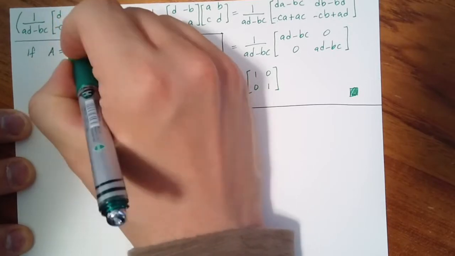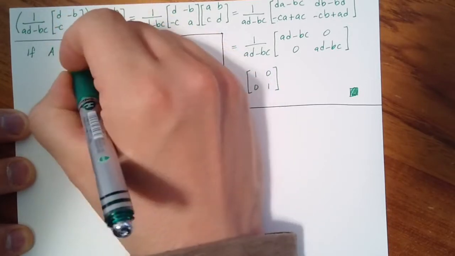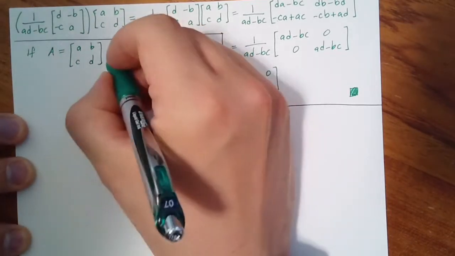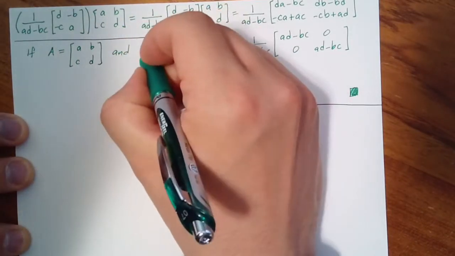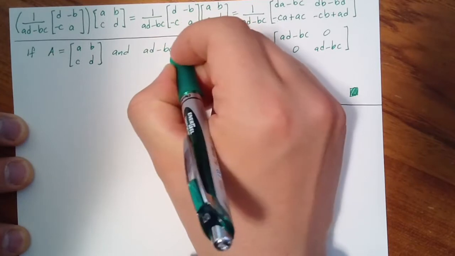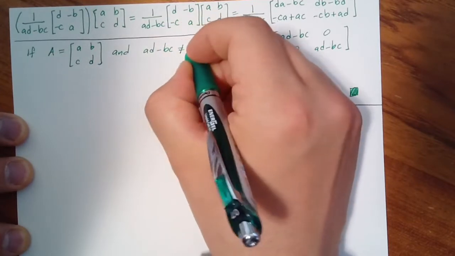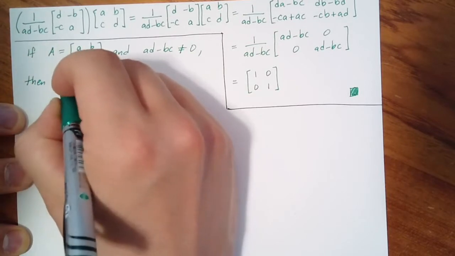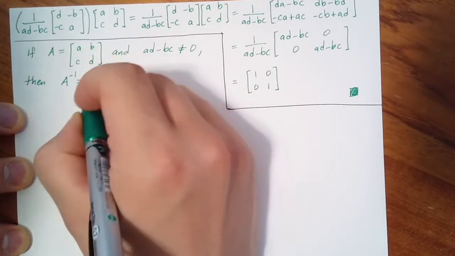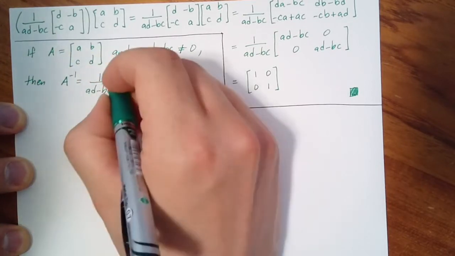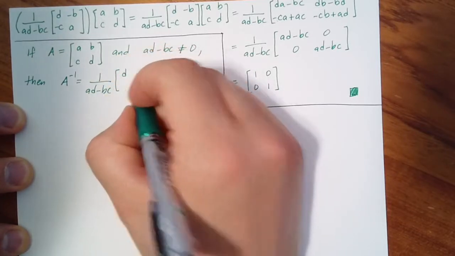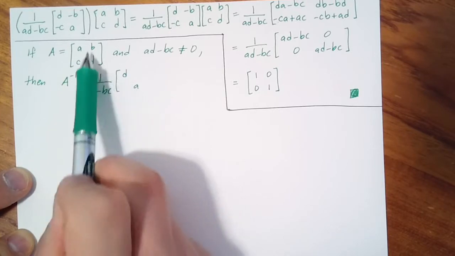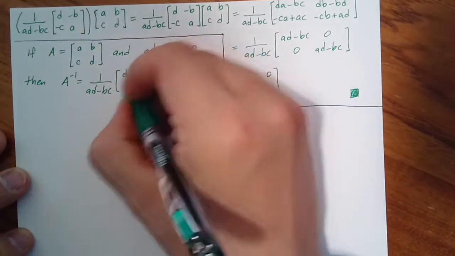So if the matrix A is given by A, B, C, D, and this product, AD minus BC, is not equal to 0, then the formula for the inverse is 1 over AD minus BC. And you can see what I'm doing here. I just take the entries on the main diagonal, flip their order, and put a negative sign on the other two entries.